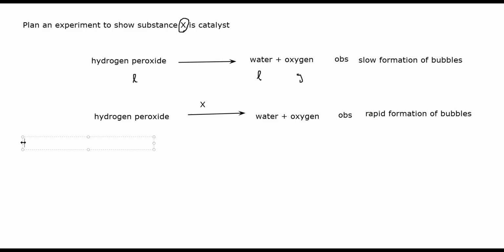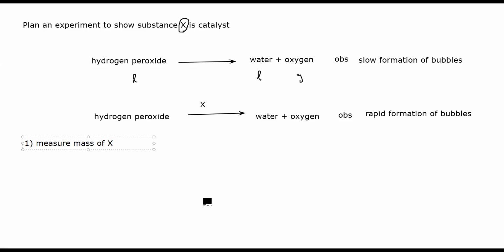So the steps to plan this experiment: first we will measure the mass of X using a balance. It's better you mention this whenever you're planning an experiment, it's a 6-mark question, so you should use specific apparatus for each quantity.